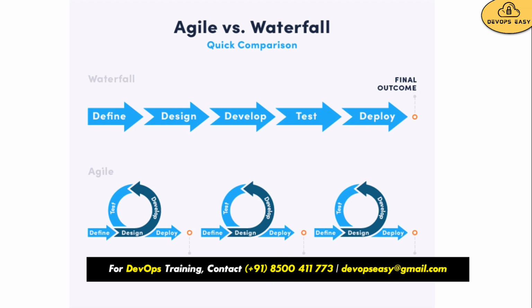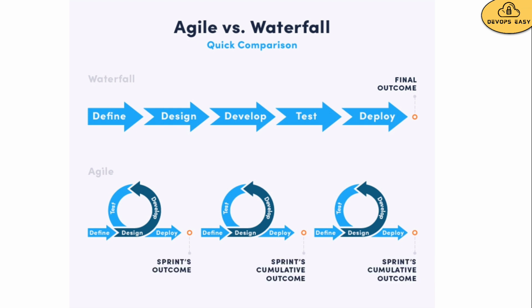In the waterfall model, they used to take a total of 1 year, and there is no client involvement in between. But coming to agile, it is a step by step process. They will not develop the total application, they will develop it in parts and pieces. Like if I want to construct a 4 floor apartment and follow waterfall methodology, the total building will be constructed at a time, with no involvement of the client.